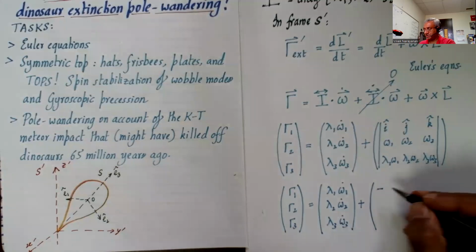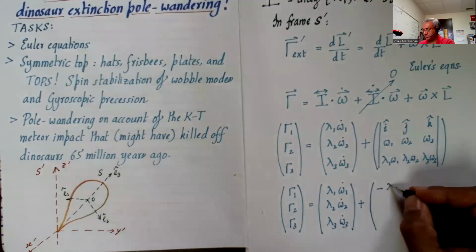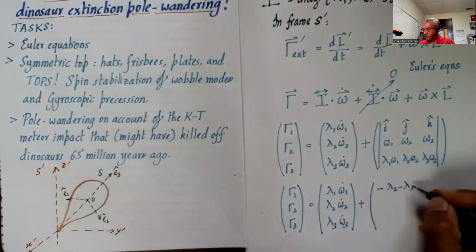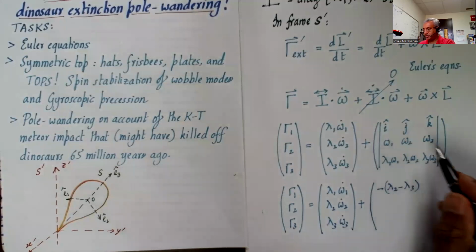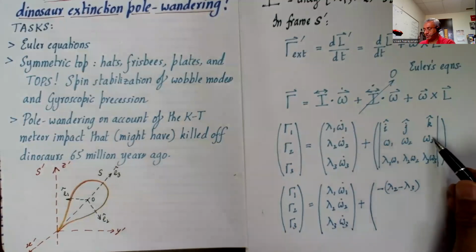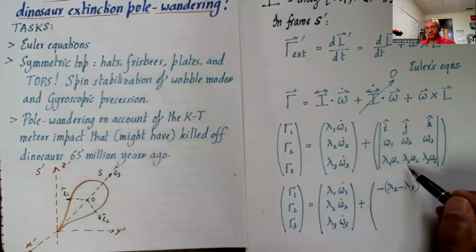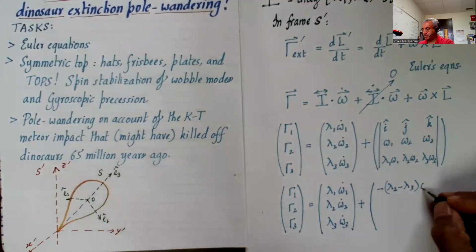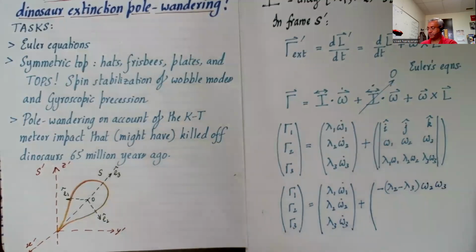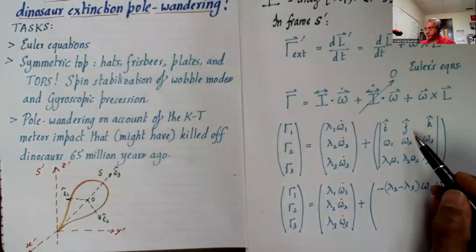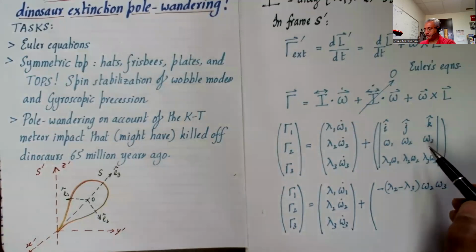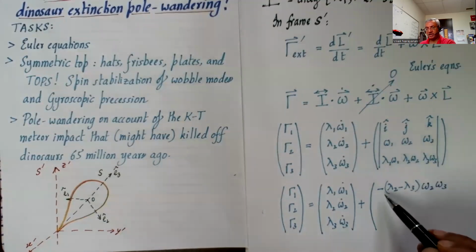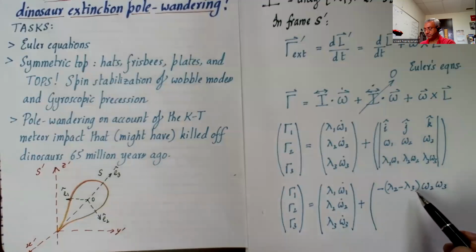So this gives me negative (lambda 2 minus lambda 3), because the i hat component is omega 2 lambda 3 minus omega 3 lambda 2. And the j hat component is going to be, even though this is omega 3 minus omega 2, I'm writing it as negative omega 2 minus omega 3.